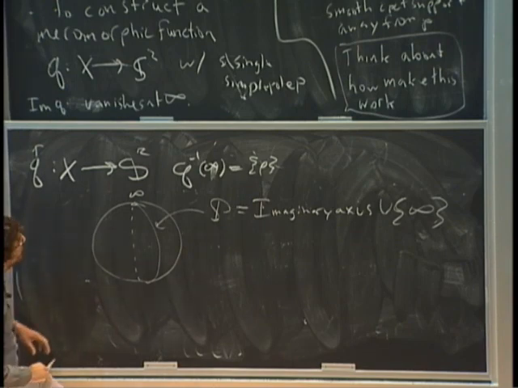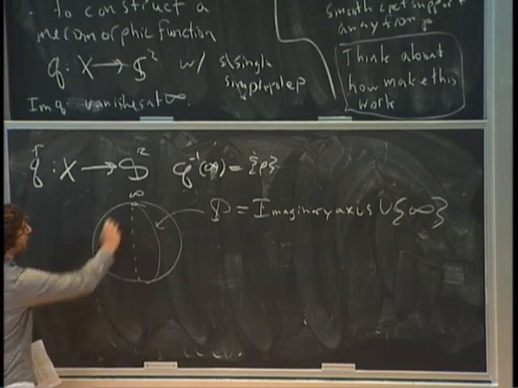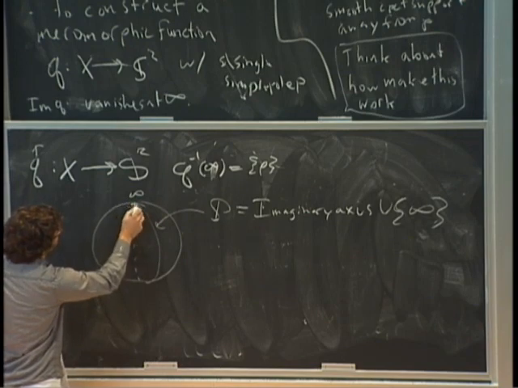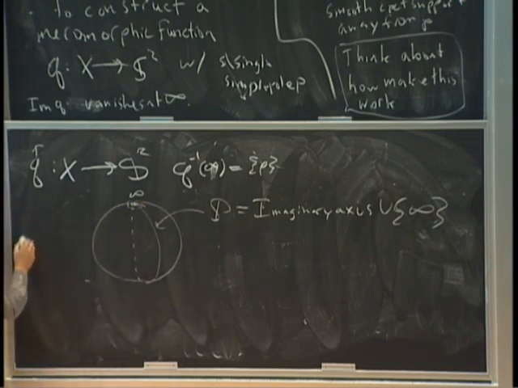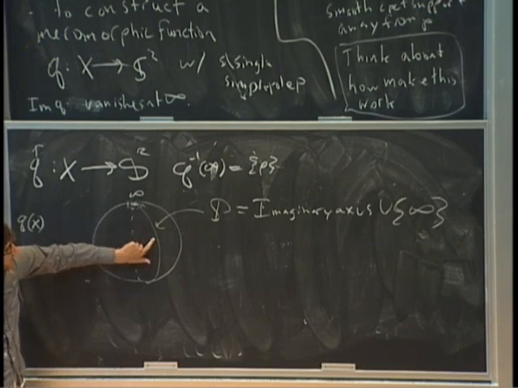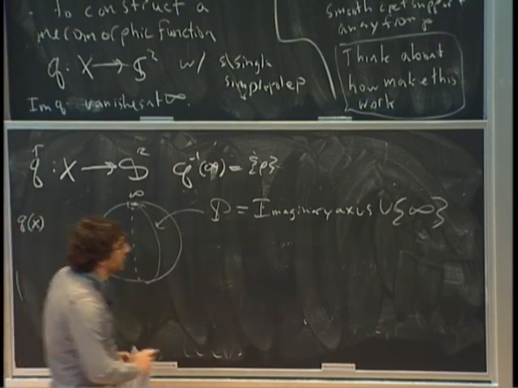So what we know is that P is mapping here, so there should be some neighborhood of this in the image. If we consider the image of Q of X, we also know that as we go towards infinity, we have to go towards the imaginary axis. Sorry, this would be the real axis.